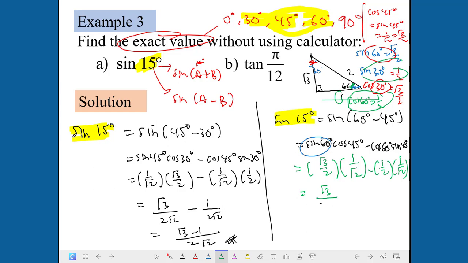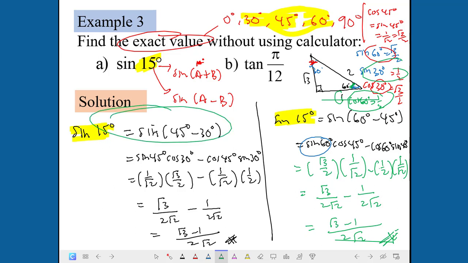Then root 3 over 2 root 2 minus 1 over 2 root 2. The answer is root 3 minus 1 over 2 root 2. We get the same answer whichever you use, either 45 minus 30 or 60 minus 45. That is sin 15 degrees. Settled for part A.